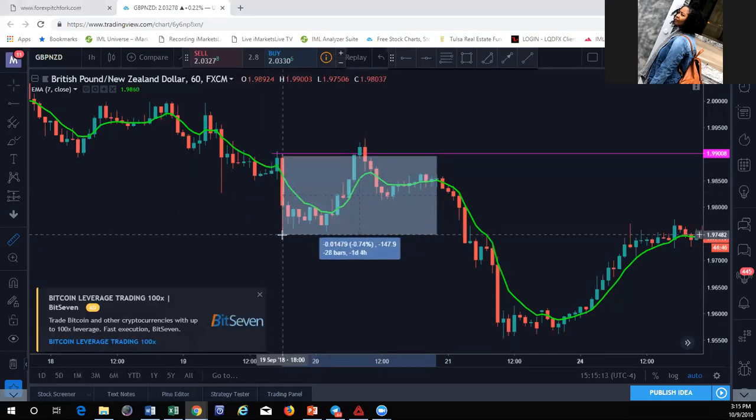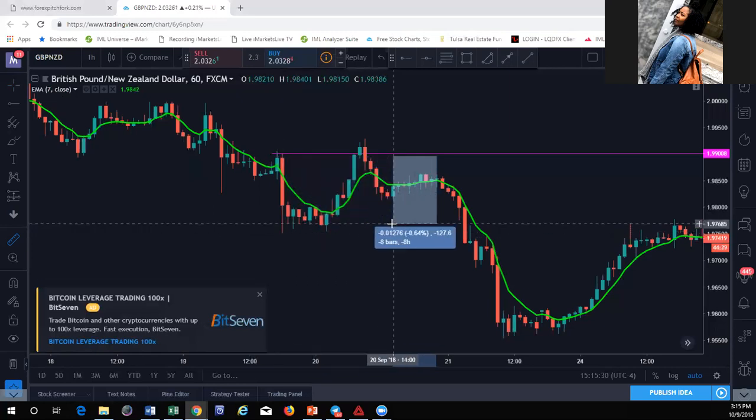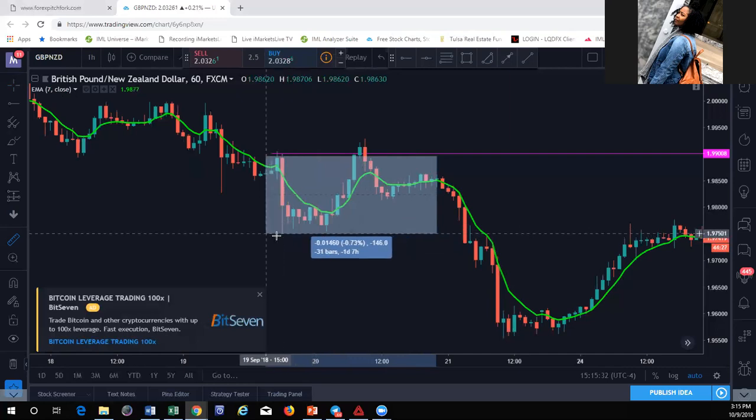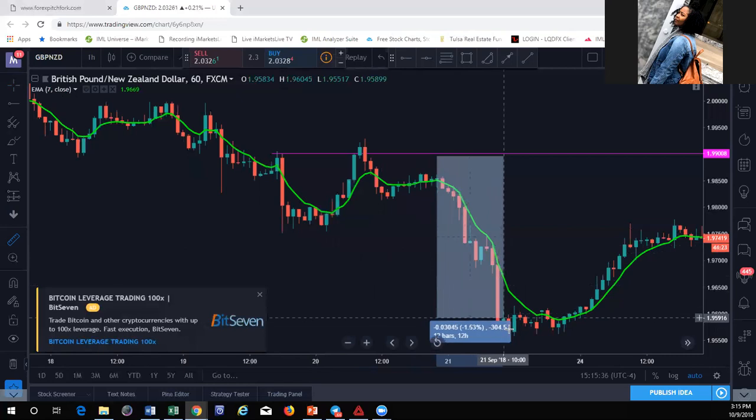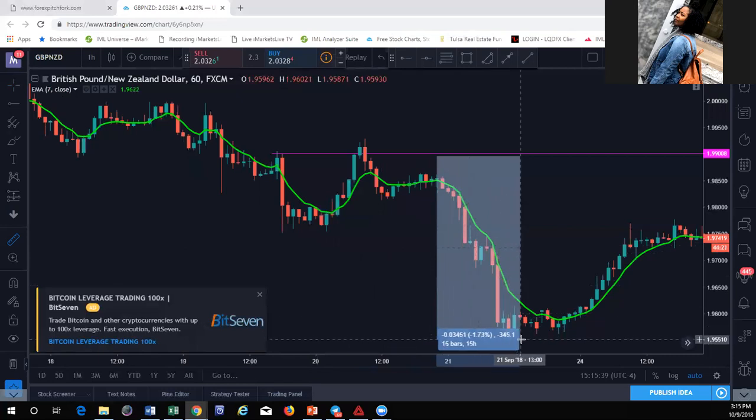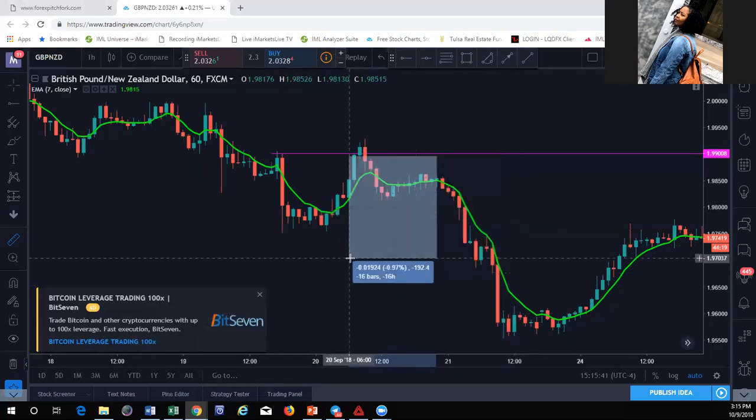And say you would have taken partial profits off the table, but you want to leave a portion of the trade in there because everything's still going good. You're still below your 8 moving average, and everything is saying, yeah, let's just stay in the trade. And you stayed in the trade until you came all the way down to 345 pips.